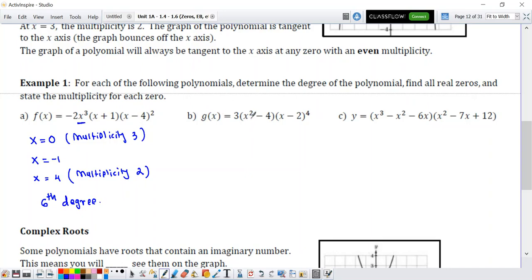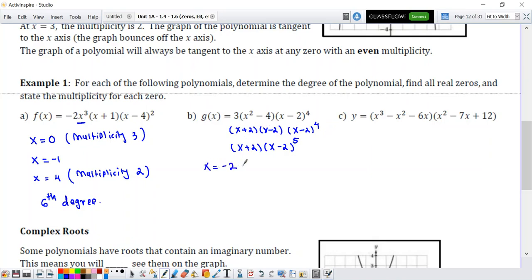Now let's talk about this one. If we factor this, we have x plus 2, x minus 2. Then we already have (x minus 2) to the 4th power. So how this will become is (x plus 2) and (x minus 2) to the 5th power, 4 plus 1.